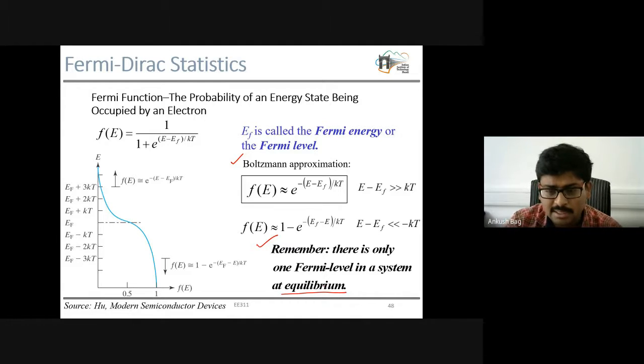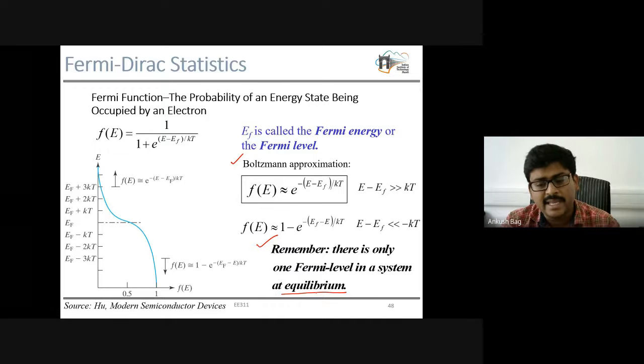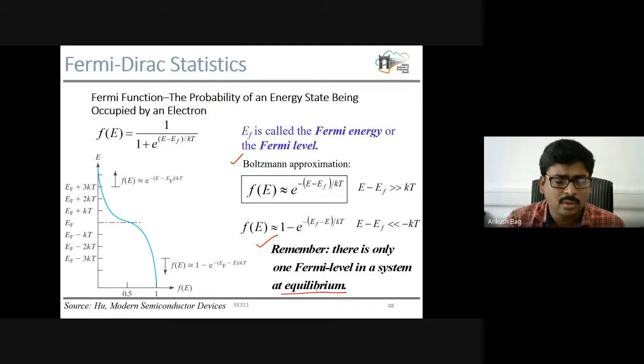I don't know whether I mentioned this in the last class or not. That is why we discussed these two conditions, equilibrium and steady state. Let me recall what equilibrium is: any semiconductor at a certain temperature under dark, without any electric field, without any magnetic field, and dark essentially means without any optical field, is called a semiconductor under equilibrium.